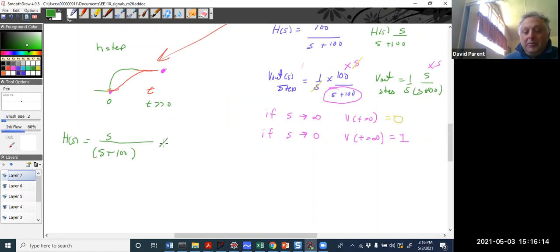Okay, what's the step response? We multiply by S, but then we want to know what's happening at time equals 0 and time equals infinity. So we multiply by S, so that all cancels out. Now we let S go to infinity. Then H(s) at infinity plus 100 equals 1.